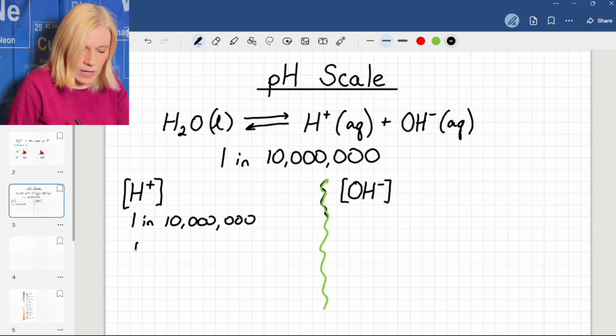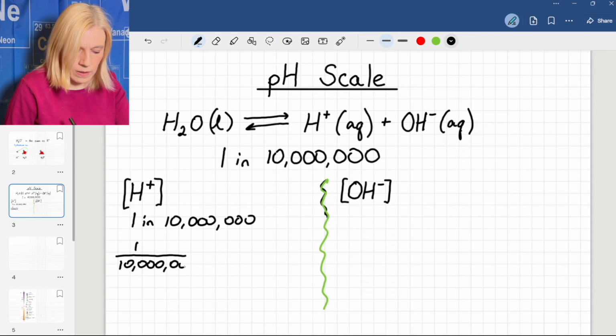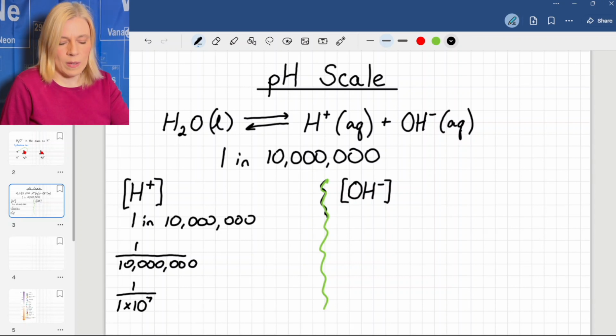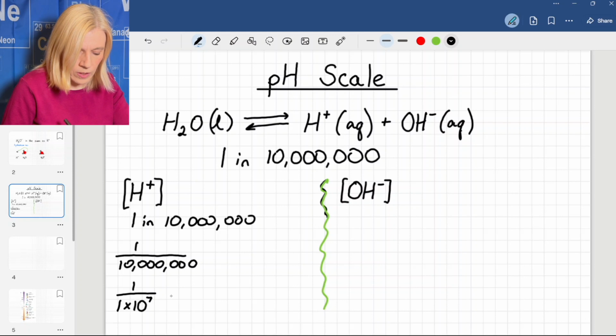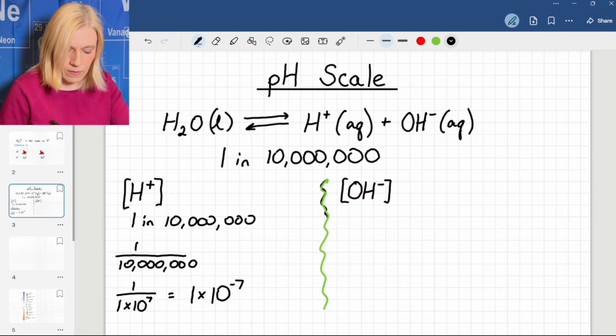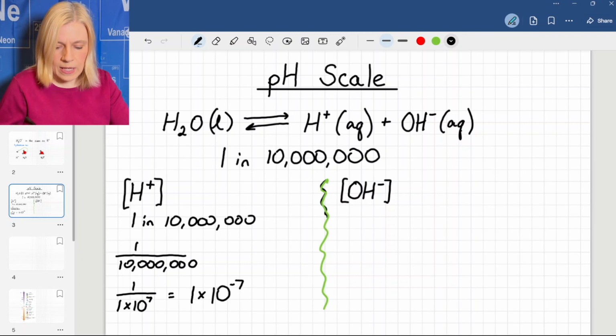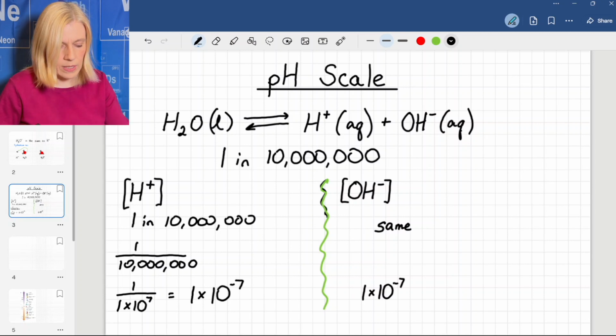I can also write it as 1 over 10 million. I can also write it as 1 over 1 times 10 to the 7th, yes? 10 million is 1 times 10 to the 7th. I can also write it as 1 times 10 to the -7. And hopefully you can see it is the same thing. So I'm going to have 1 times 10 to the -7 hydroxide ion.